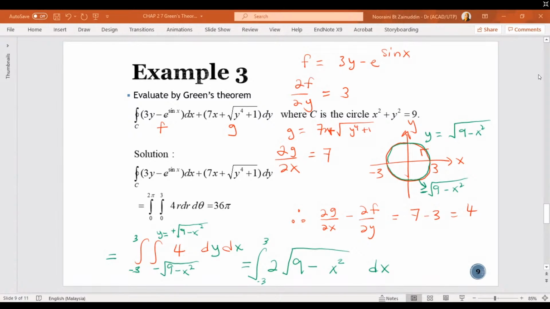So, how to solve this? If you refer to this slide, you have r. Instead of using x and y, you change it into the form of r and theta. So what is the meaning of r and theta? Here we change to other variables.